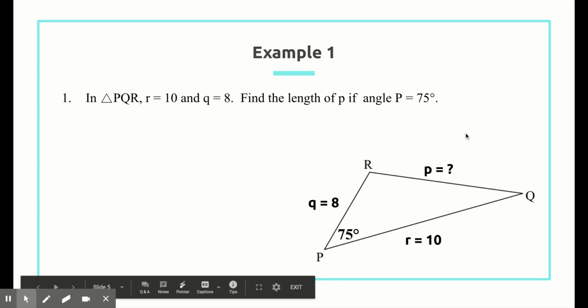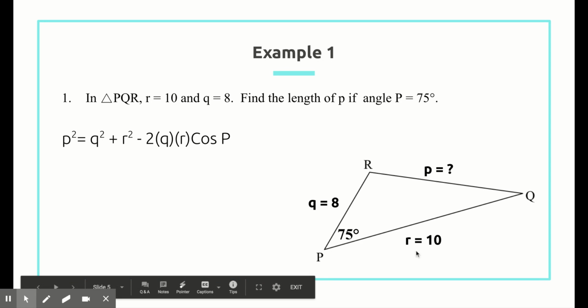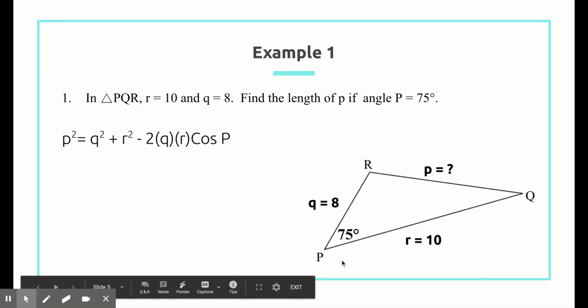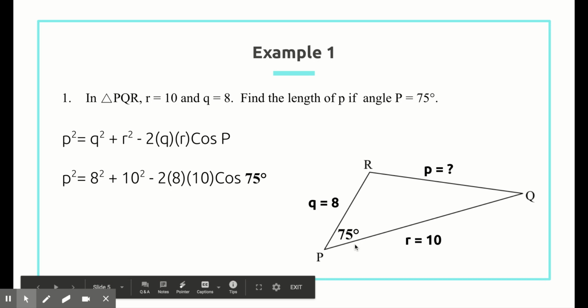So I'm going to use the cosine law to find the side first. I have p squared equals q squared plus r squared minus 2 times q times r times cosine P. Plugging in, I've got 8 squared plus 10 squared minus 2 times 8 times 10 times cosine 75.